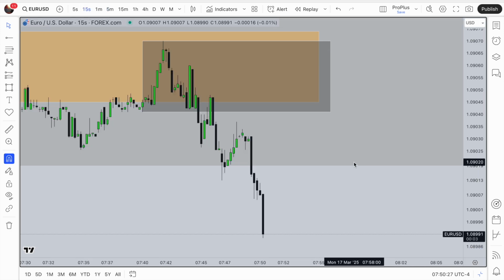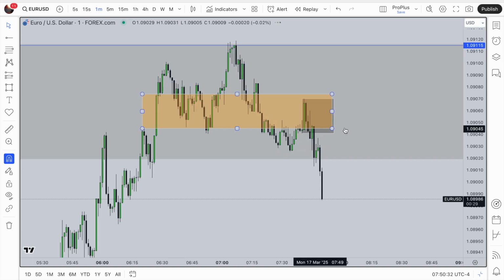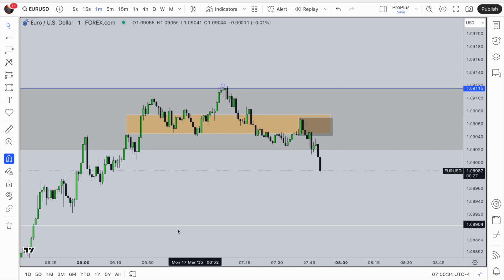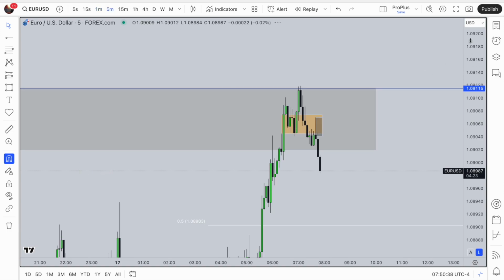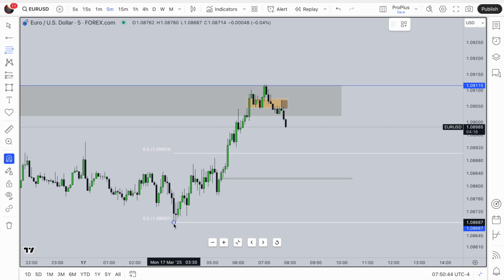Euro still hasn't presented me an entry. This is the 15 seconds time frame. So anywhere above this white line here, pretty sure. Oh, I just sneezed, sorry.